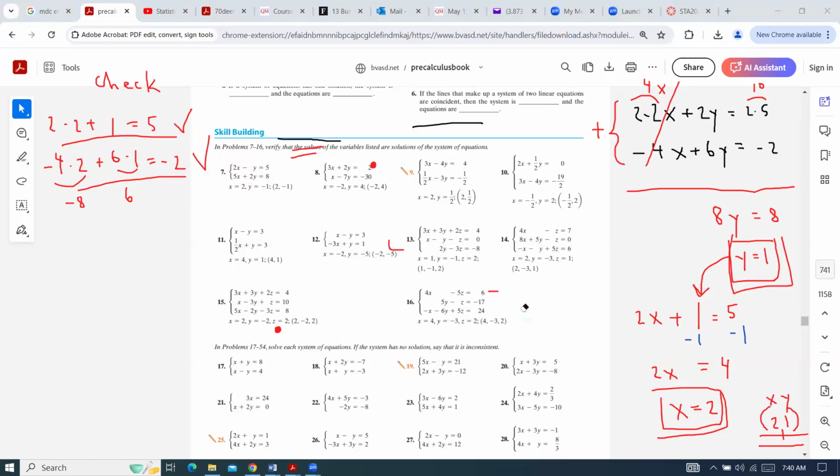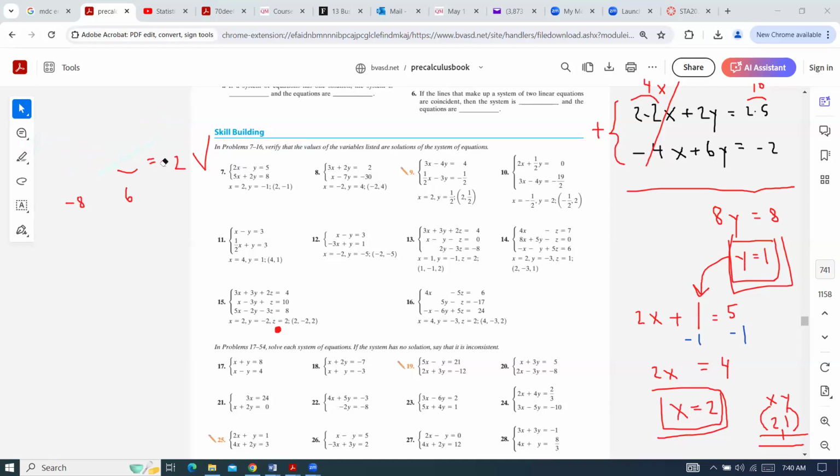Well, 17, I think, is a nice problem to start with, because in exercise 17, when you look at these two equations, you will right away feel like eliminating letter y, probably, because if you were to add y and minus y, your y's will cancel, and you will be able to find x.